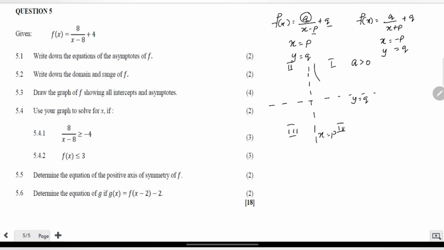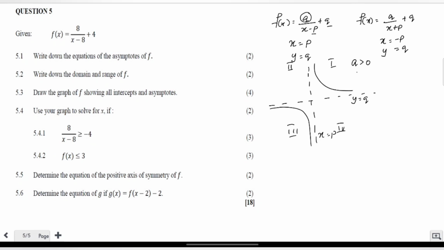One is in the first quadrant, the other one in the diagonal opposite, that is the third quadrant. But if a is negative, one is in the second quadrant like this, and the other one is in the diagonal opposite, which is the fourth quadrant. That's how you have to draw a hyperbola. Is it clear? All right.